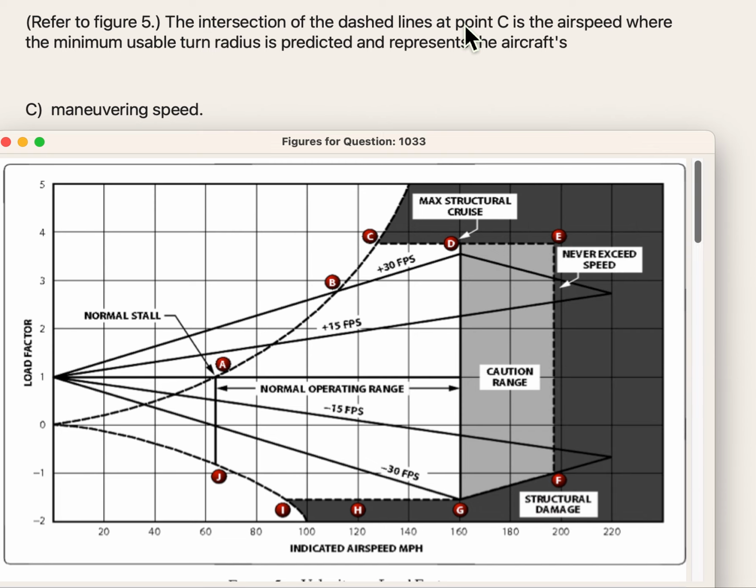The intersection of the dashed lines at point C, this line and this line, is the airspeed where the minimum usable turn radius is predicted and represents the aircraft's maneuvering speed.